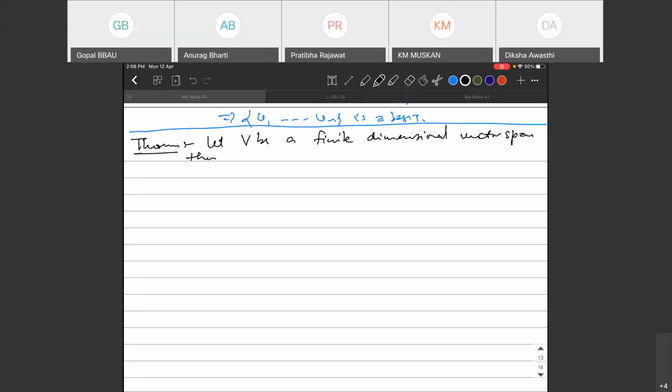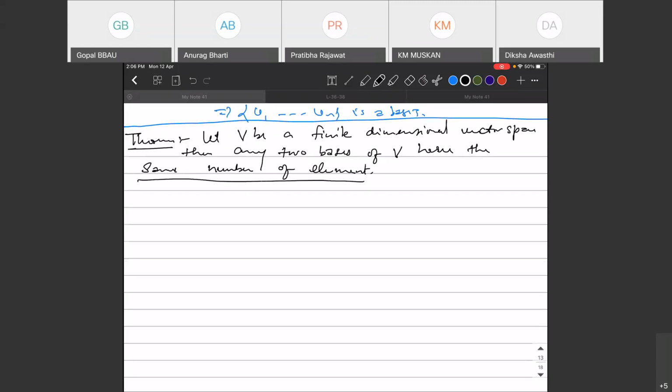Then any two bases of V have same number of elements. So here it is saying same number of elements. It is not saying that they have same elements. Okay, same elements and same number of elements are two things.